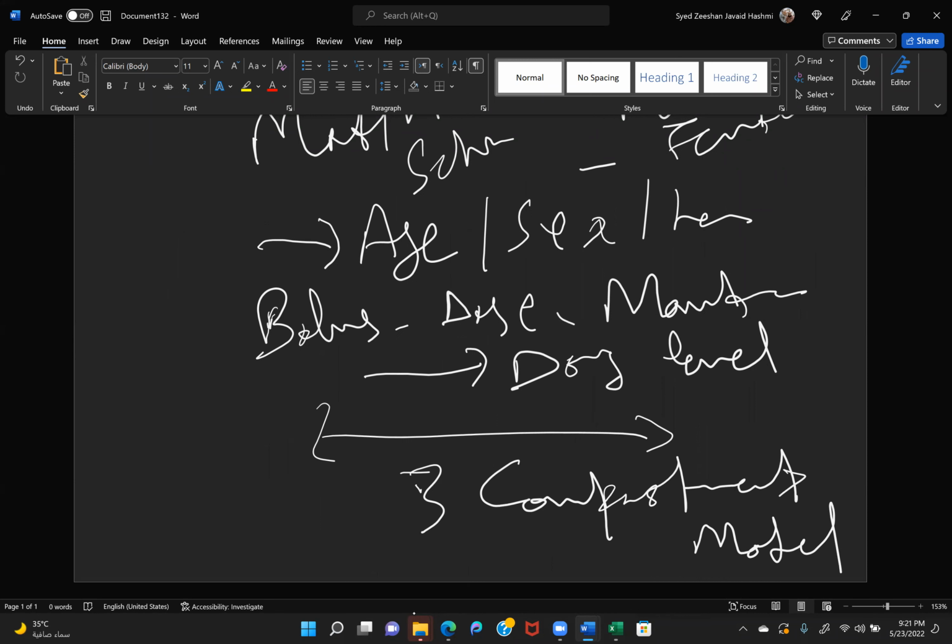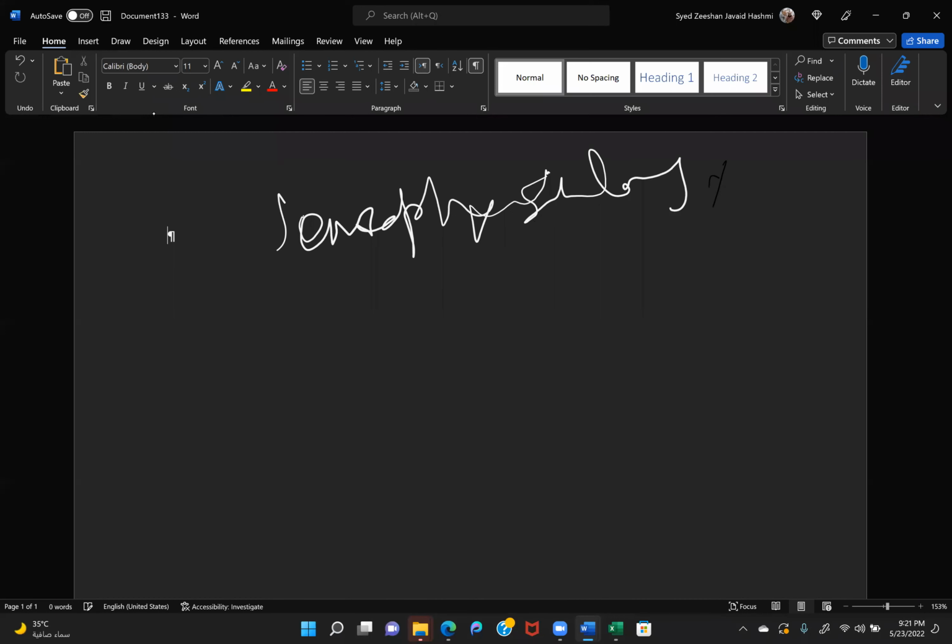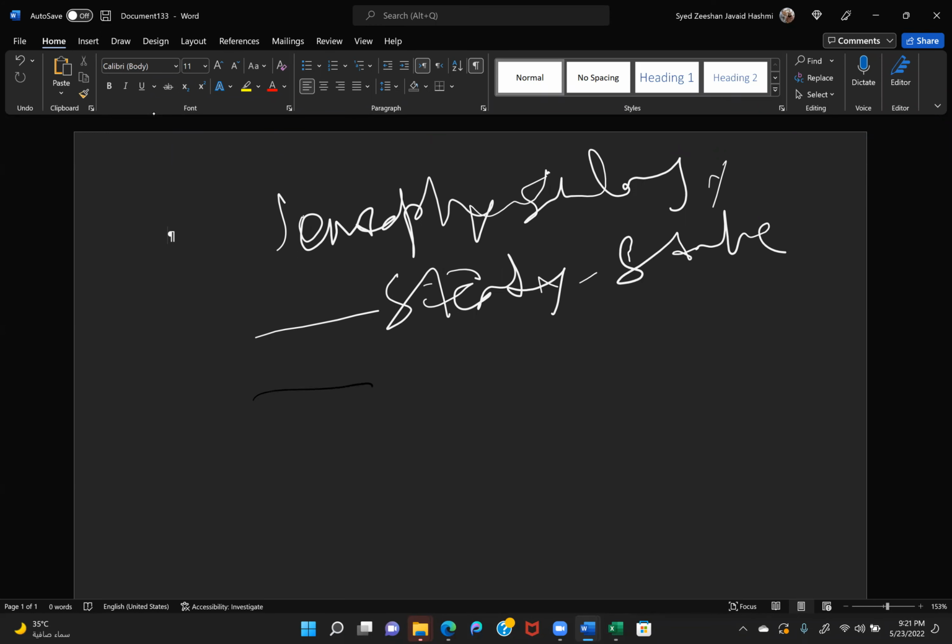There are a lot of limitations for this TCI. Why it is a problem here is the neurophysiology: if you are not giving a steady state level, maybe that will interfere with the monitoring.